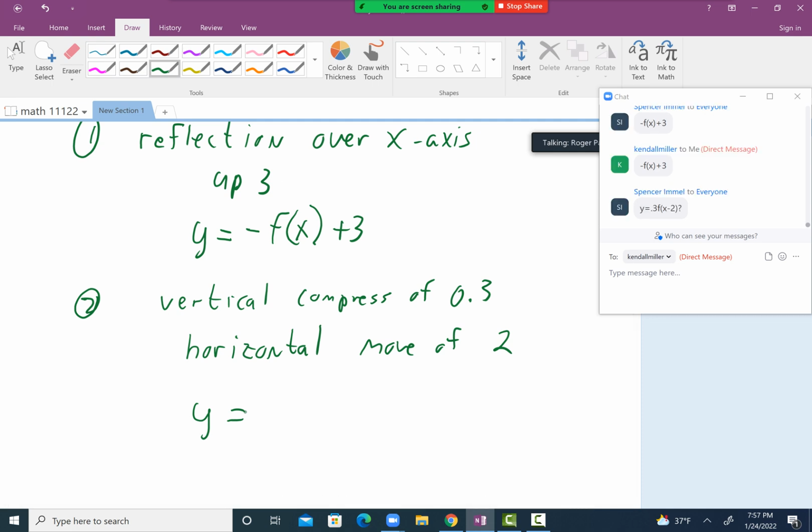Oh yeah, that's nice. Good. 0.3 is a, f of x. So a move of 2, that's 2 to the right, so we want to make that look like that. Okay, good. So you can go either way with it, and they're going to have you do that.